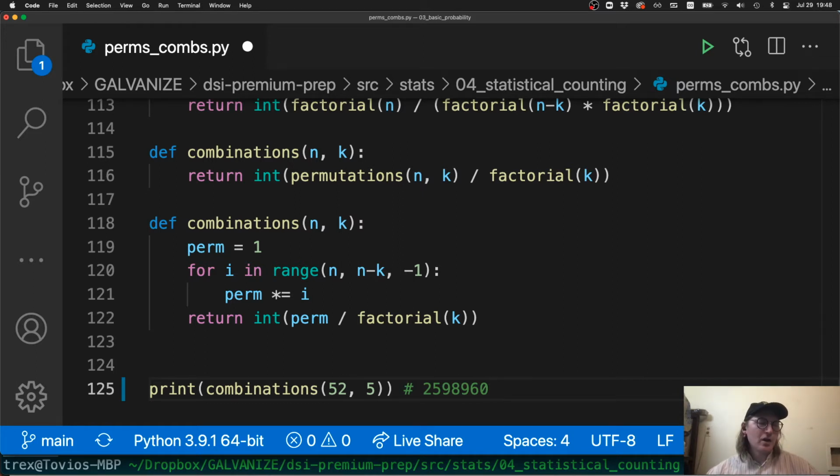How many 5-card combinations can you have from that? 2.6 million. That's wild. That's hard to grasp for a human. We don't deal well with those numbers. We don't really understand those numbers in a more fundamental way.